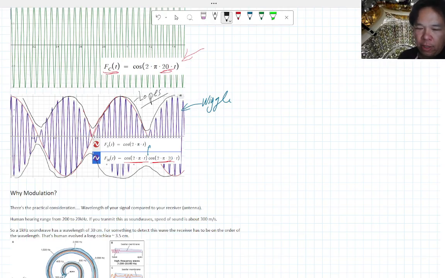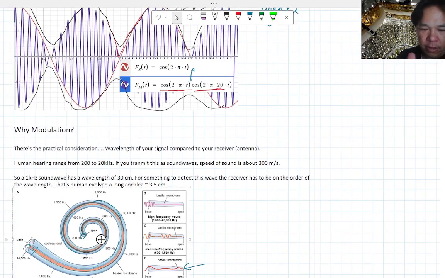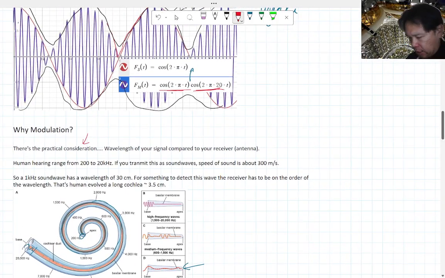So why do we do modulation? Well, one of the first reasons, let's zoom in here a little bit, is it's just not practical to send and receive signals that are very low frequency. For example, as I mentioned, human hearing is about 200 to 20 kilohertz.